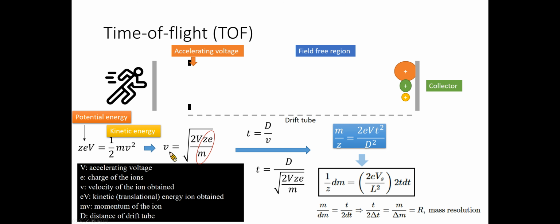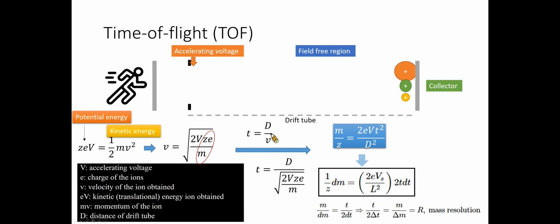The potential energy given to ions in the accelerated regions is converted to kinetic energy for all ions. Next, we solve the equated equation above for velocity v. Since velocity is equal to the drift path length divided by time, we get t equals d over v.